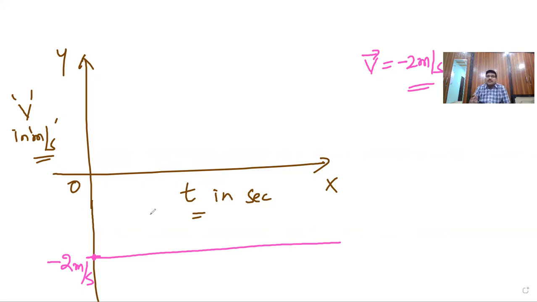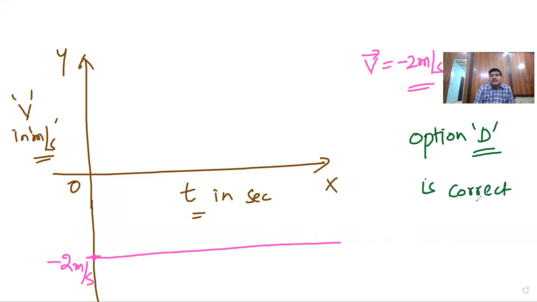Constant velocity. This is the graph. From the above conclusions, look at the options. Option D is correct.